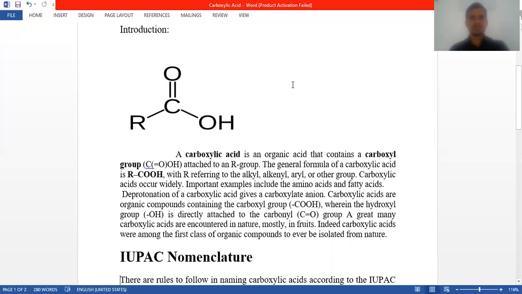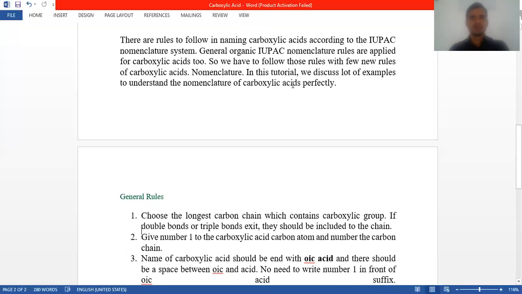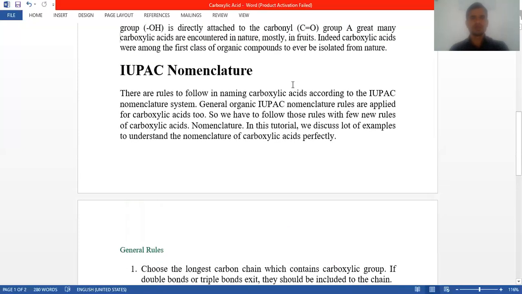Then how are the carboxylic acids named according to IUPAC nomenclature? For IUPAC nomenclature, we have some rules. By using these rules, we can give IUPAC names to our organic compounds.